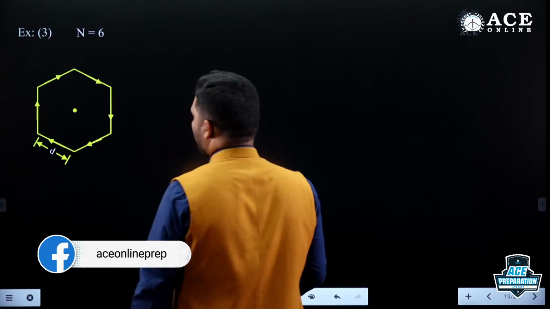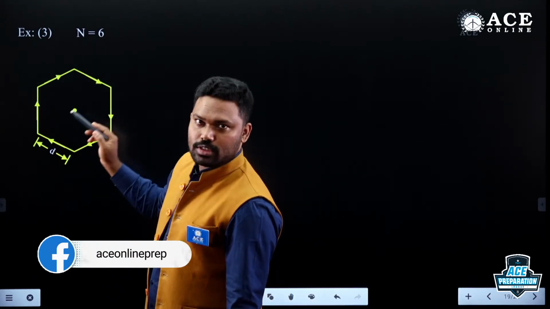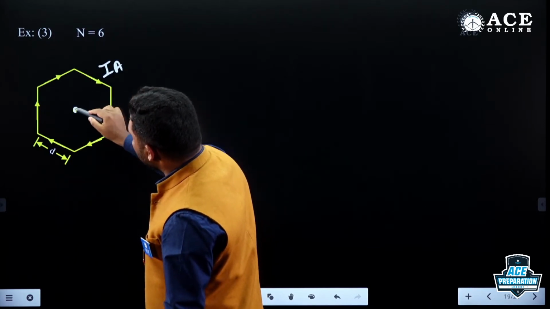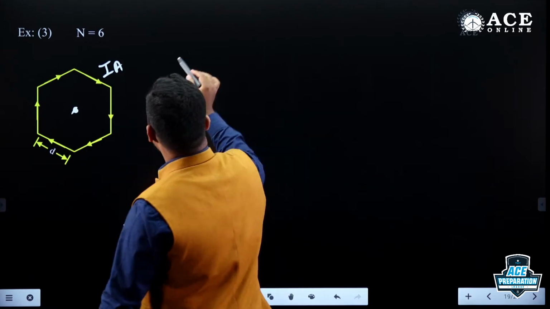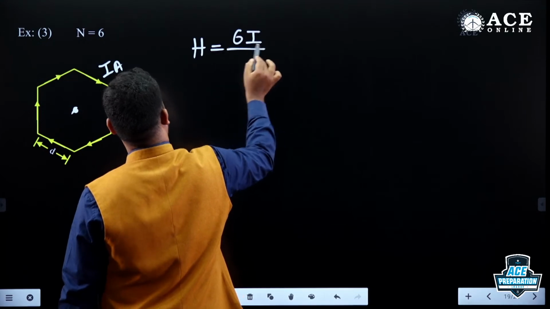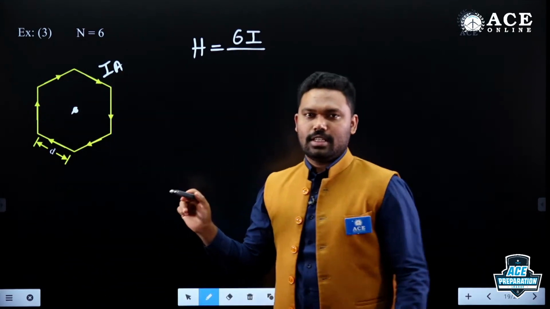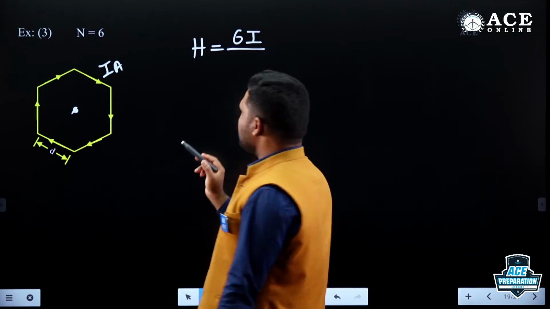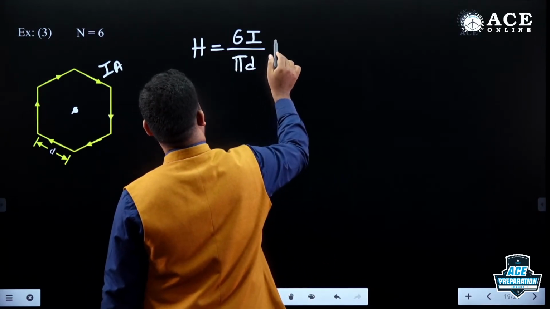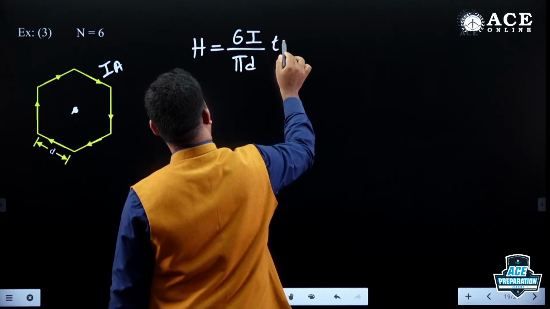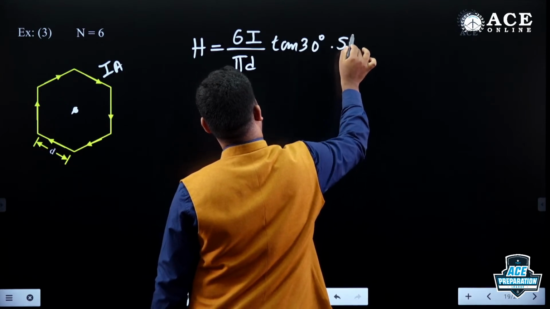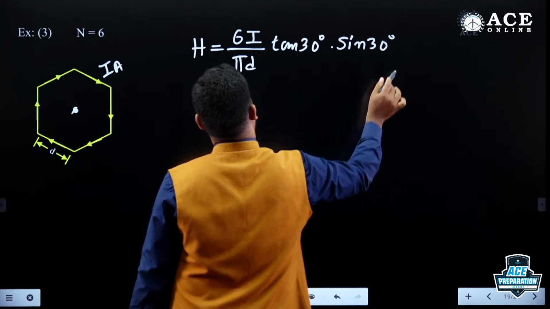Hexagonal, this is. N is equal to 6. Okay, how much current is flowing? I amperes. What happens to the magnetic field at the center? How much is that? H is equal to the direct formula. Otherwise, you need to deal with the total 6 sections, each section multiplied with 6, lengthy. 6I by pi d, here the side is d, into tan of 180 by 6. It is tan 30 degrees into sine 30 degrees.